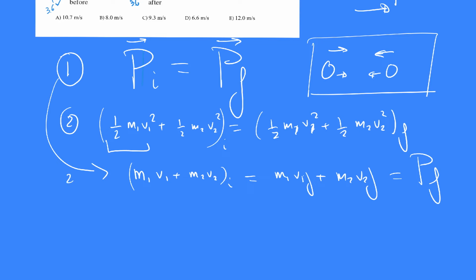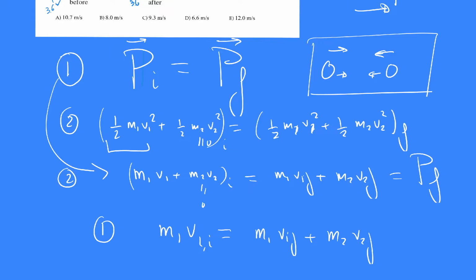So I have a system of two equations. But in this particular case, the m2v2 initial term is 0 because initially the mass capital M is at rest. So the first equation will read: M1v1 initial equals M1v1 final plus M2v2 final.